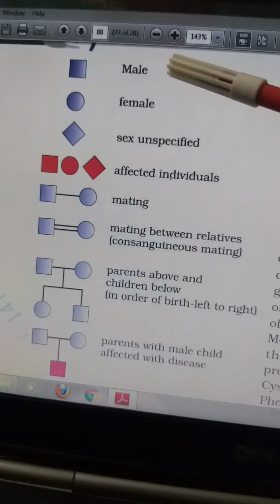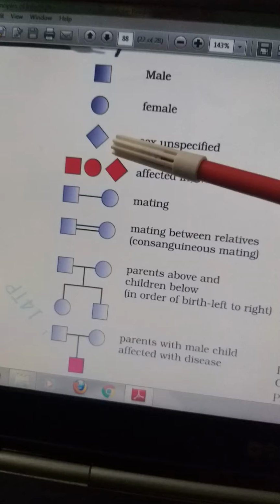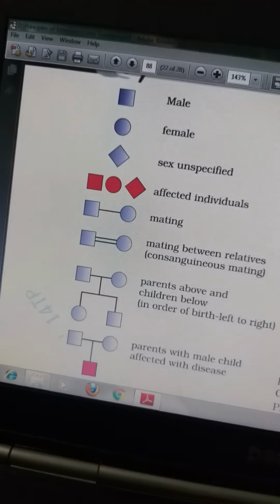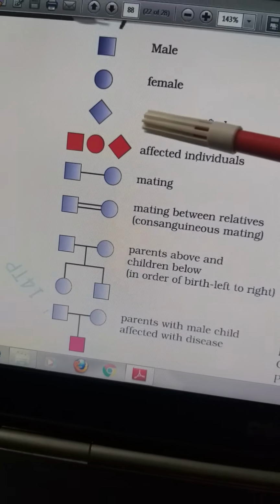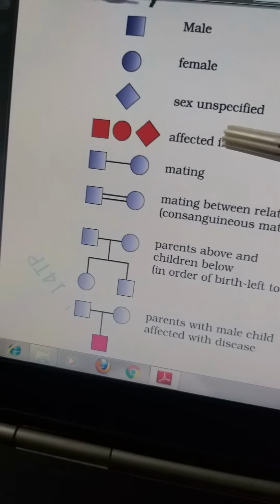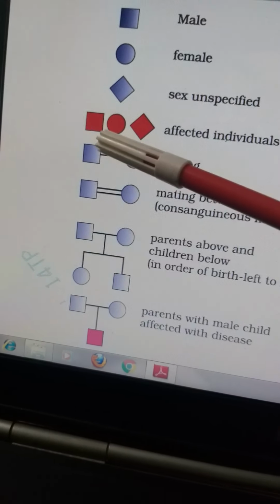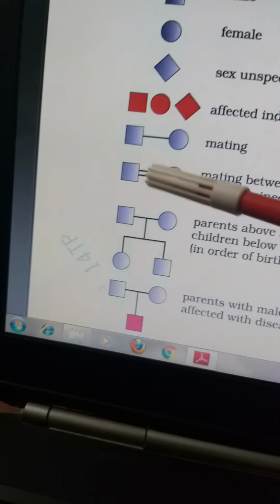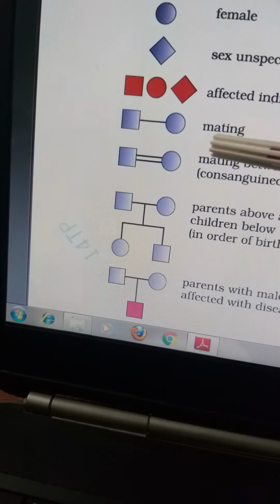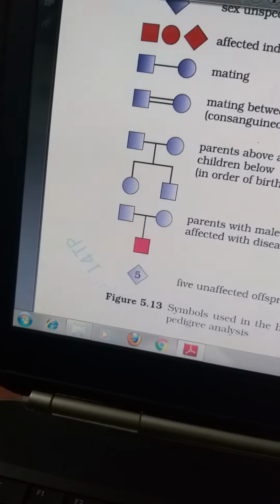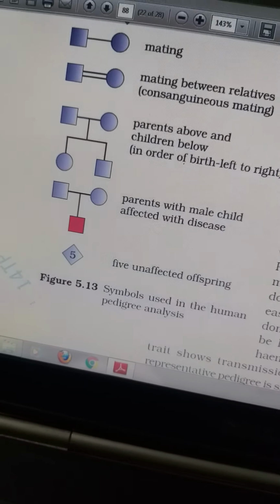The square one is the male, the round one is the female, and the diamond shape is unexpected or unspecified. Three dots like this are known as an affected individual. Now here again you find the traits. See, these are not there, and again it is found in the later generation. So this is how a pedigree analysis is done.